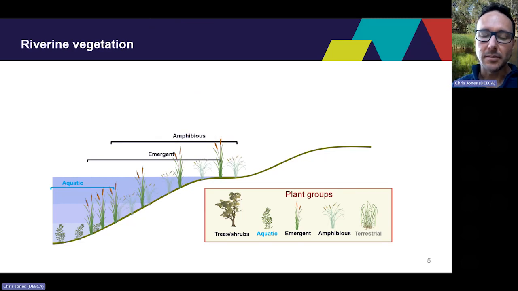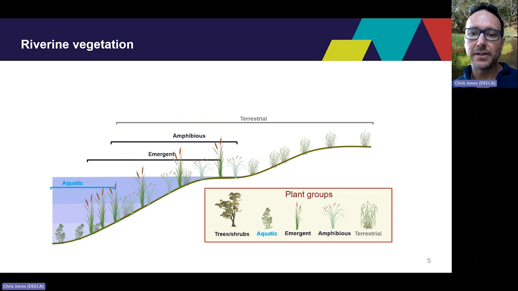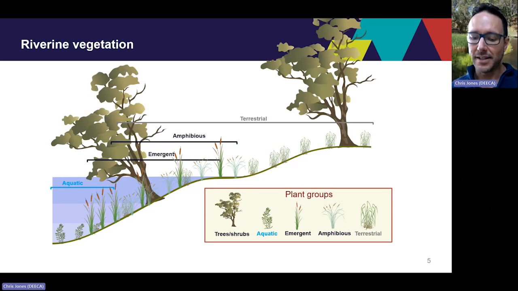They don't like being in the permanent water or the near permanent water very much, but just above that and up until the flow peak levels. And then terrestrial vegetation occupies the higher part outside of the reach of most of the flows, although they do encroach down into the wetter areas at times. Then our trees sit amongst there, depending on what species they are and where we are in the landscape.